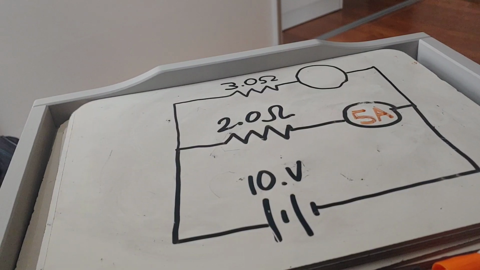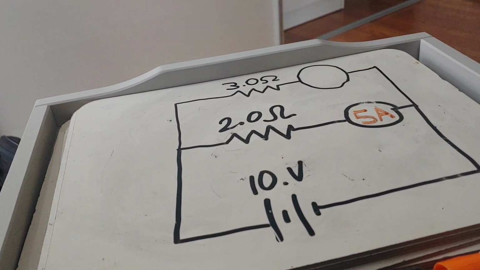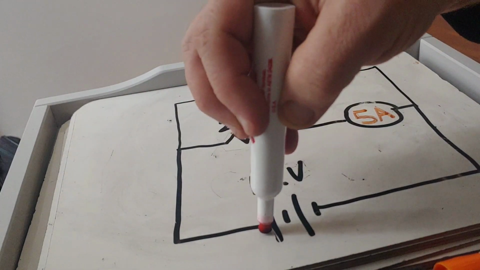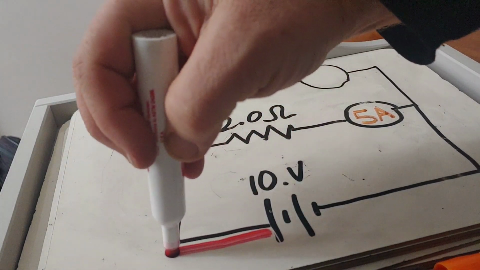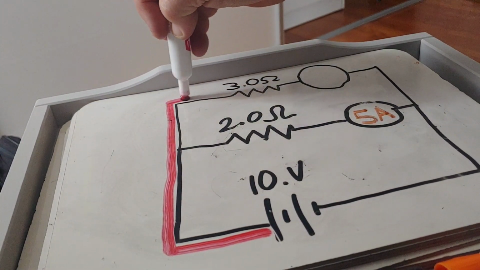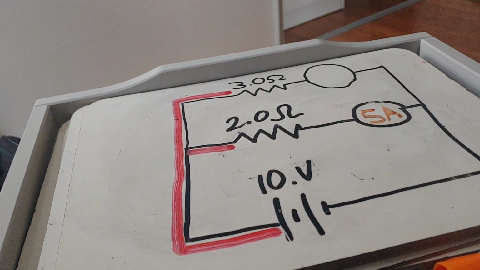And now you're back, I hope, with an idea of how much current flows through a 3 ohm resistor. Well, what we really want to know is what's the potential difference across that resistor? And to answer that question, let's consider the difference in potential between, let's say, this point marked in red and that point marked in red.